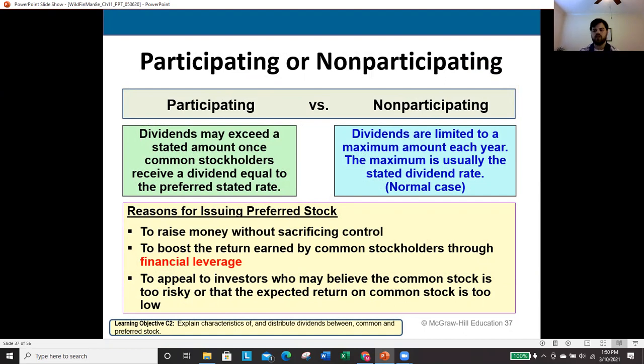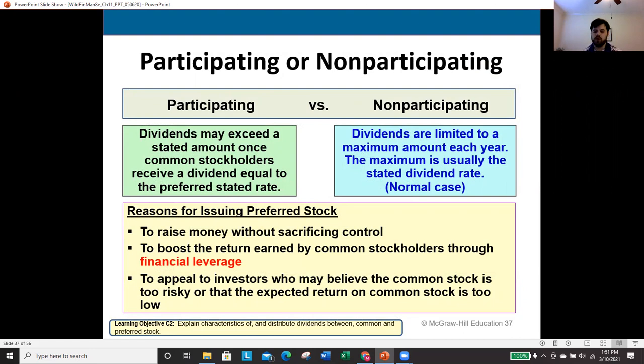So they may want a feature called participating. Typically, this is non-participating, which means the dividends will be limited to a maximum each year, limited, of course, to that stated dividend rate. But if not, we can see that we have participating dividends, which means that those dividends may exceed the stated amount once common stockholders receive a dividend equal to the preferred stated rate.